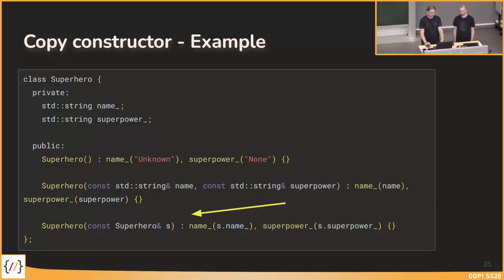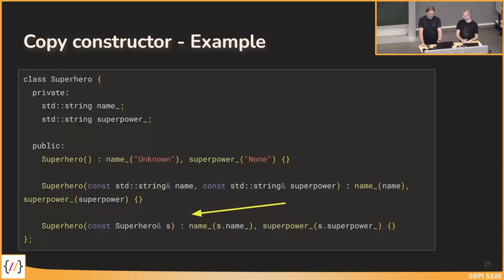That makes sense, because if I create a superhero in my main function, I don't want the constructor to modify the name and superpower I hand over. So const is a good thing here to prevent unintended behavior. It's very useful to make sure that only things happen that you want to happen.